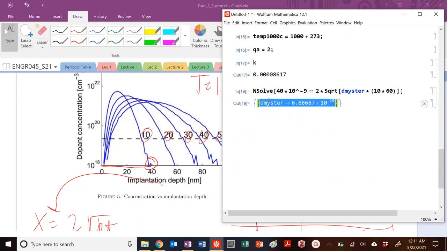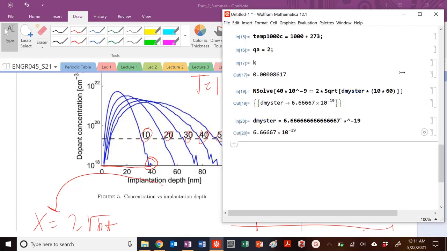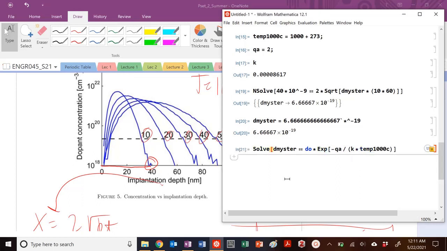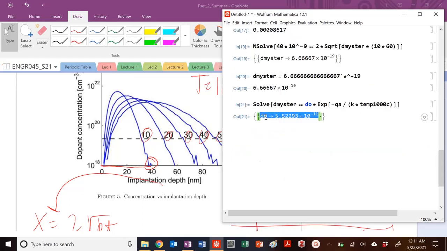So this is the diffusivity, capital D, of my mystery material. I can now solve for D mystery and set that equal to D naught times the exponential of minus QA divided by K times temp 1000 C. So we're good there. So we've got our D naught.